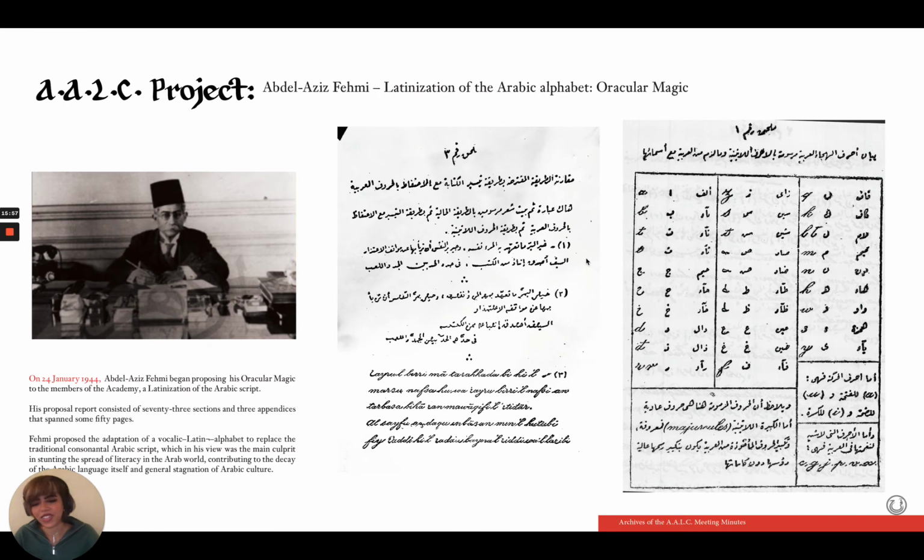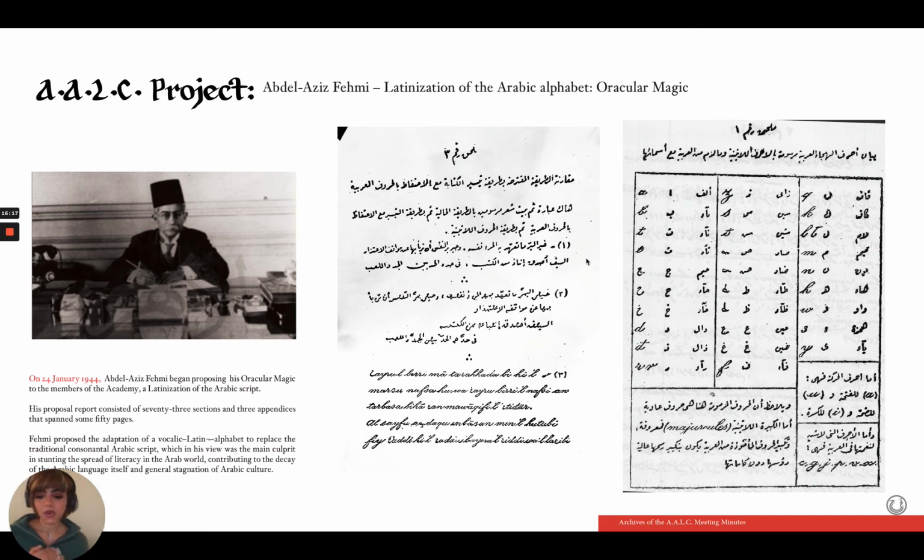It continued until it reached a point where the academy decided to take action. Two members of the academy decided to study the issues. This is a project by Abdelaziz Fahmy, a fully Latinized Arabic alphabet.